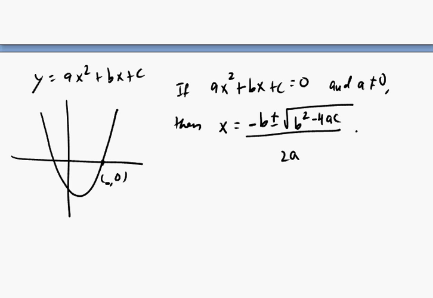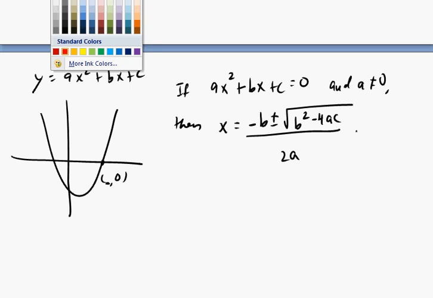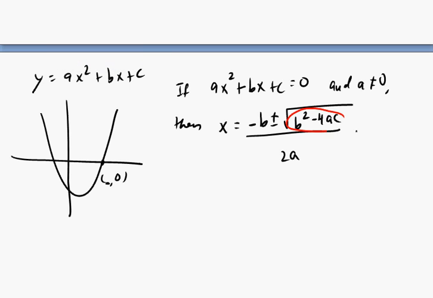Now, the inside of this square root is what we call the discriminant. This b squared minus 4ac is called the discriminant. The discriminant helps us to determine how many solutions ax squared plus bx plus c equals 0 will have.